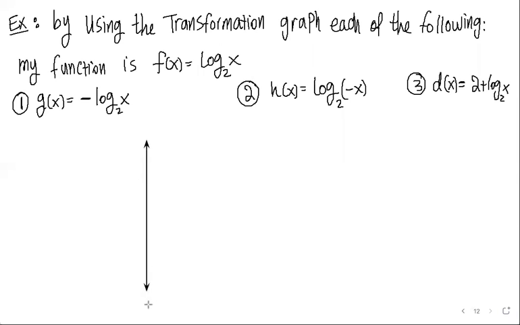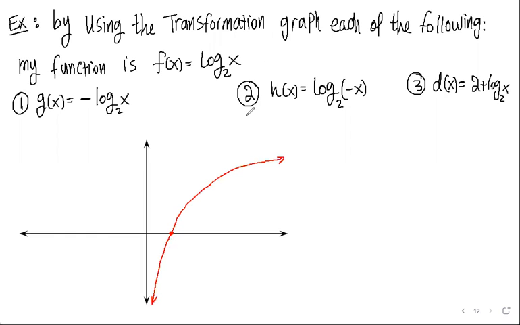So for the first one, I know how to graph the original function, the logarithm function of x. It has a graph like this. Here 1, like this. This is f of x.